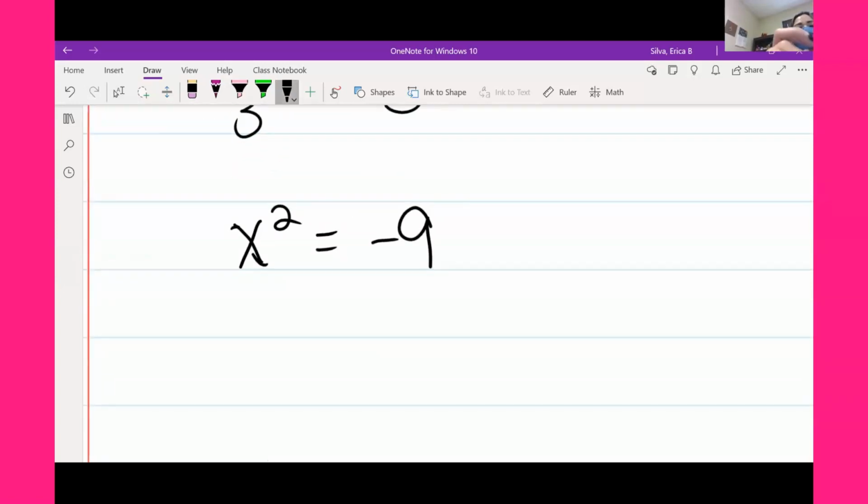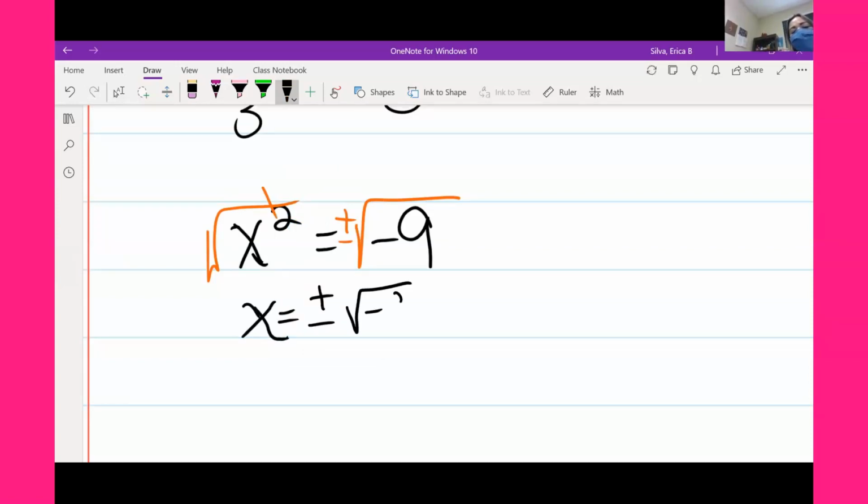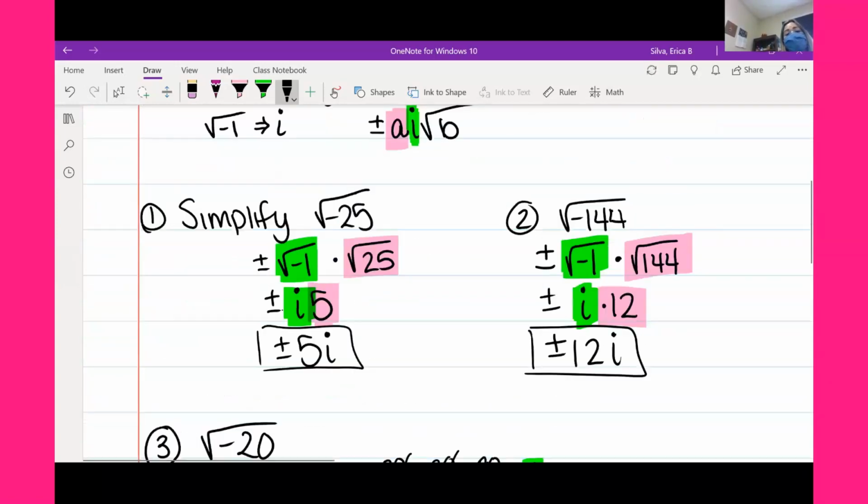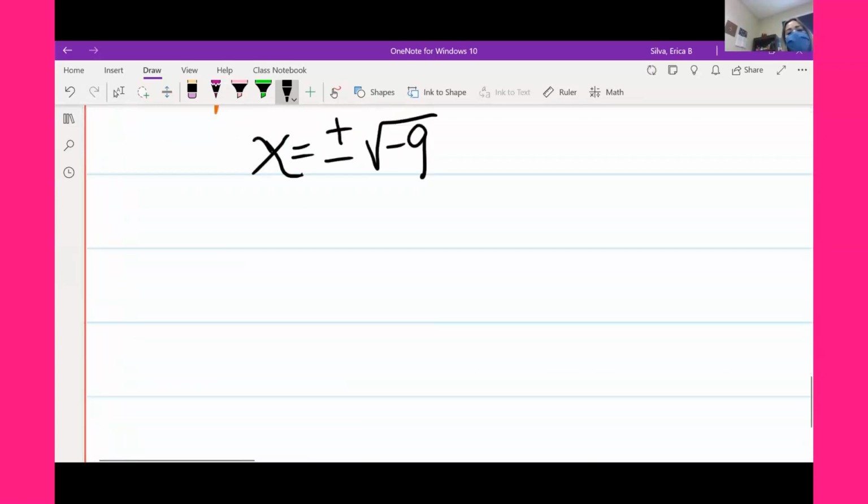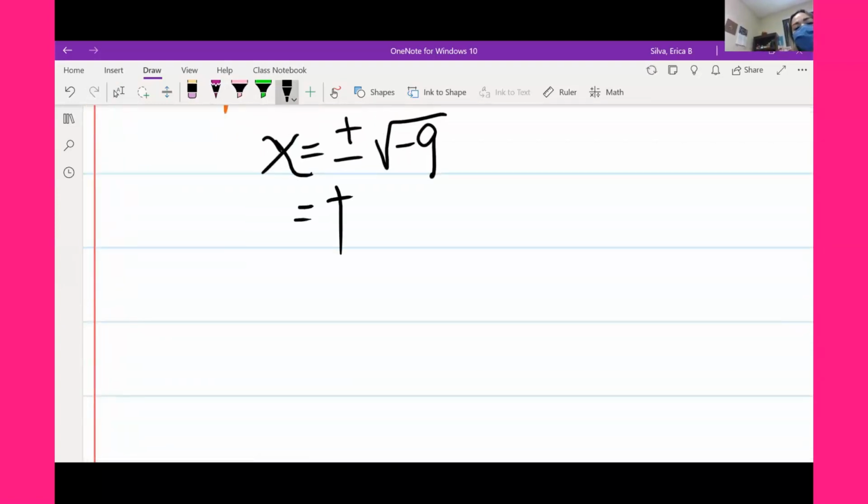Okay, so now what do we do, Diego? There you go. Now we're going to do the square root and then plus or minus the square root. And we get x equals plus or minus the square root of -9. Now we can't leave it like that. So we're going to do what we just did up here. So then we become plus or minus square root of -1 times square root of 9.